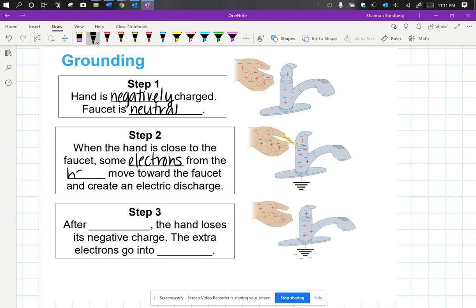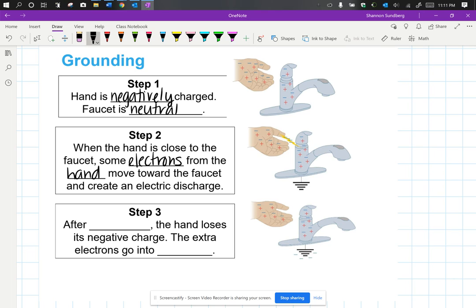So when the hand is close to the faucet, some electrons from the hand move toward the faucet and create an electric discharge. Sometimes you don't even have to be touching it. It could happen before you touch it if there's enough of a buildup. So that's grounding: when those electrons jump from your negative hand to a more neutral space, it's grounded now.